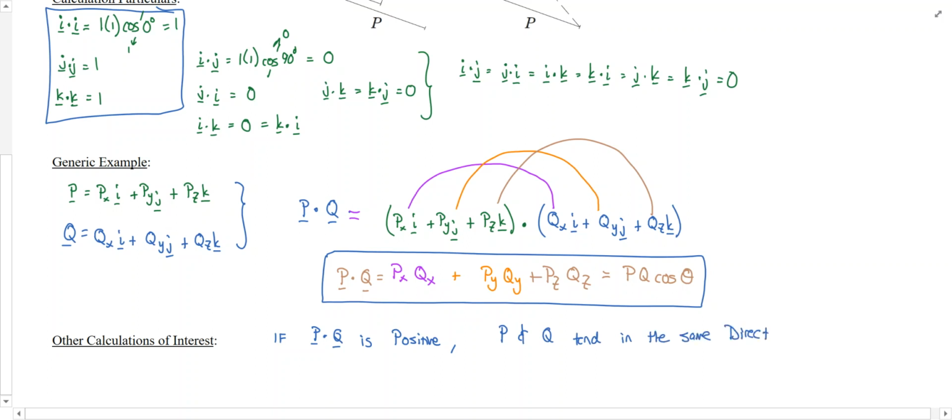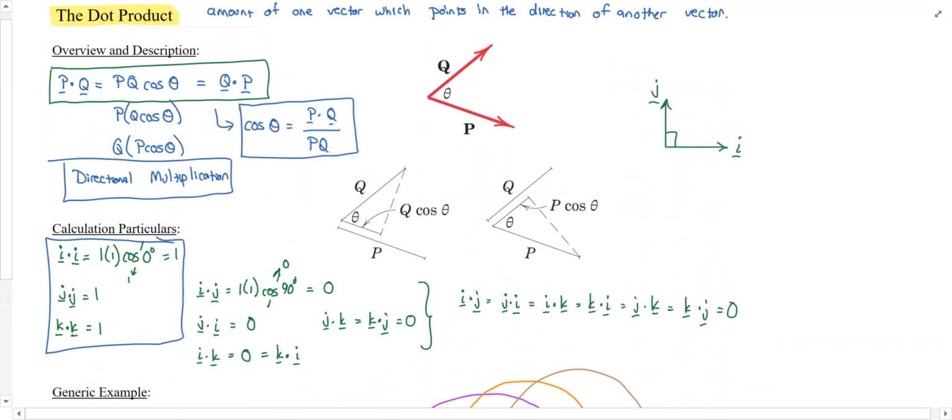And so what do I mean by that? Well, what I mean is that when you take the part of Q in the direction of P, the Q cosine theta term here, the arrowheads point the same way.